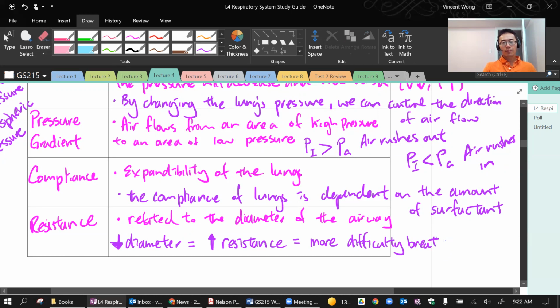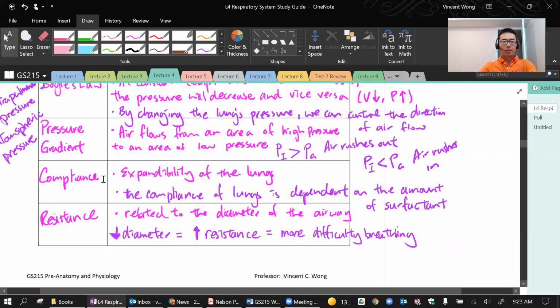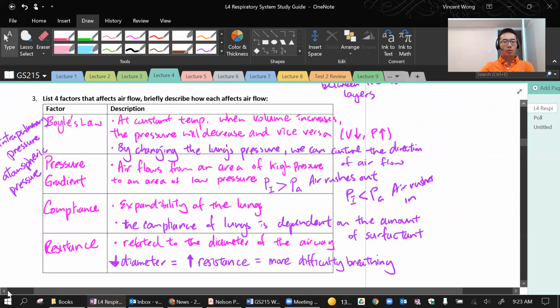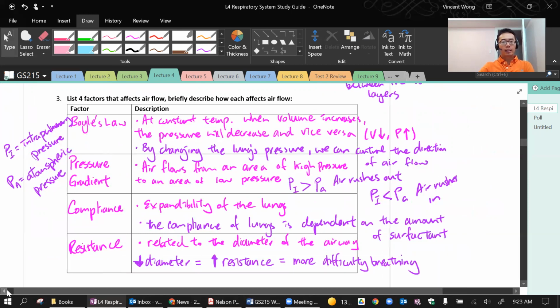And of course, the opposite is true. If you increase the diameter, you will lower the resistance and it will make it easier to breathe. So there you have it, four factors. If you want to take a screenshot, you can. And if you have any questions, please ask.